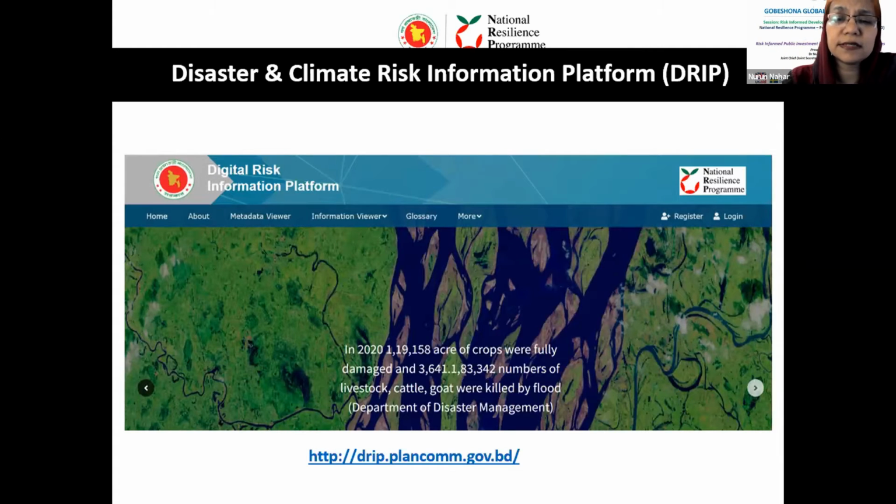The risk will be generated through this platform. What we have to do is properly identify the location and select the hazard that might impact the project.